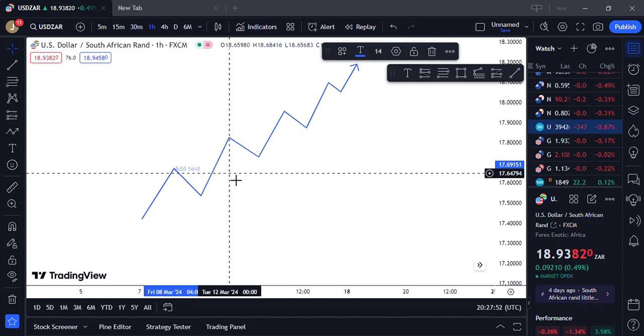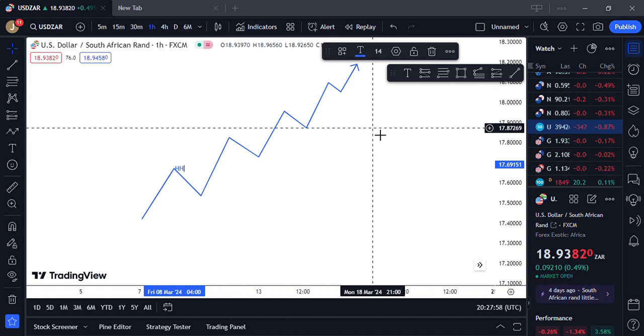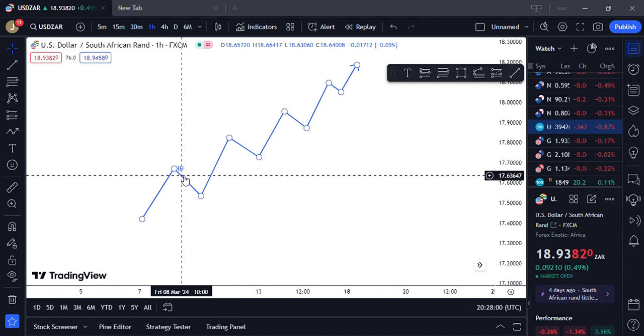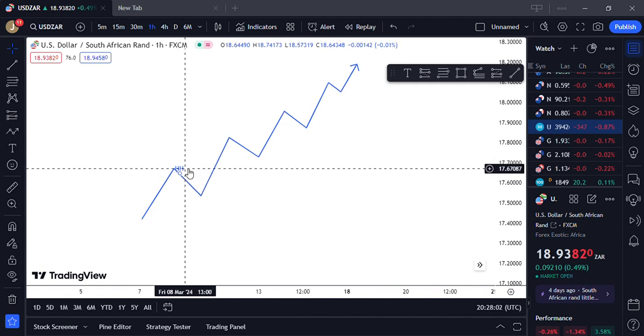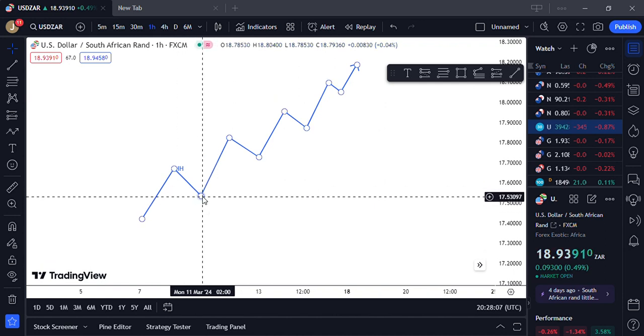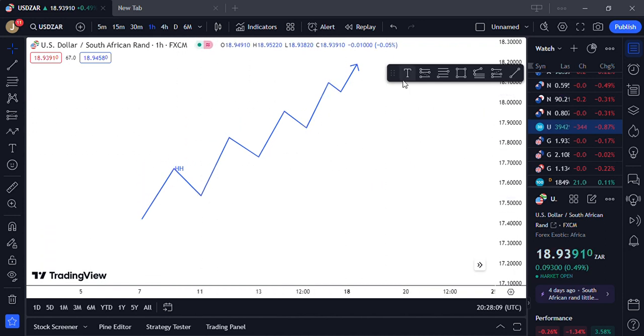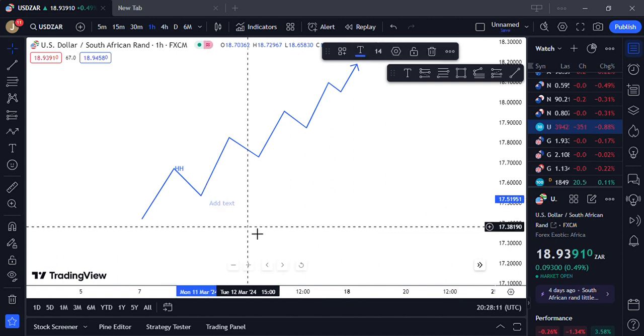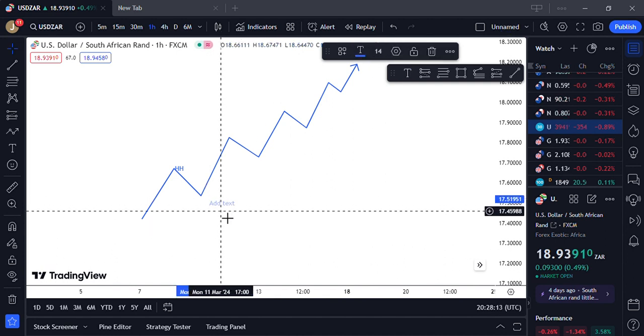This is called a higher high. Let me do this. A higher high. This is called a higher high because it's at the top. And then those pullbacks, these pullbacks that I just showed you, at this point would be called a higher low.